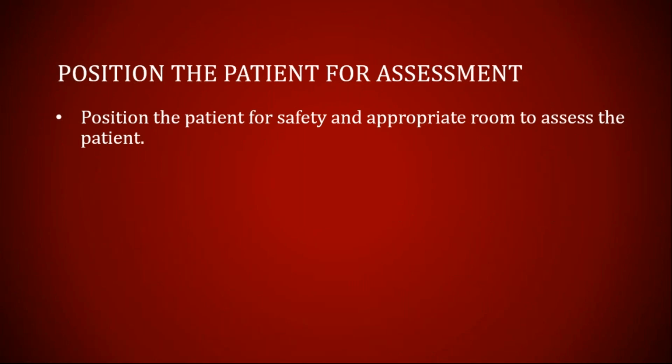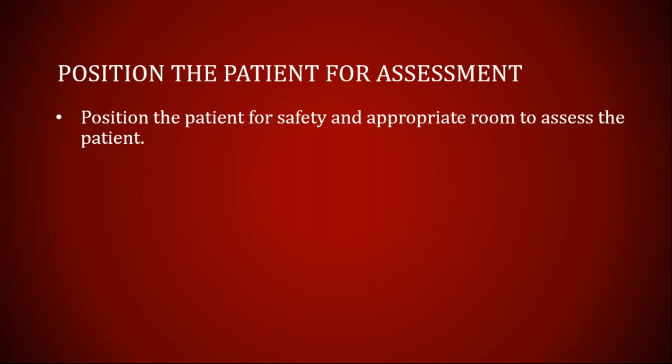Then we're going to position the patient for assessment. Depending on your patient's mental status and also chief complaint, this is the information we're going to utilize in order to position that patient properly. If they are unresponsive, we should position them supine in order to conduct our assessment. If they're alert and oriented, put them in a position of comfort.